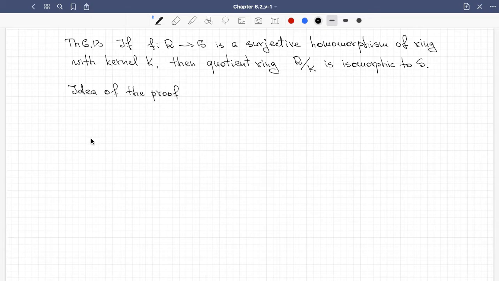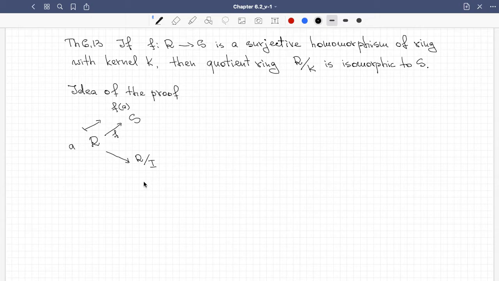We have a homomorphism from the ring R to the ring S, and we have a homomorphism from the ring R to the quotient ring R over I. An element A here maps to element F of A here. This is F.